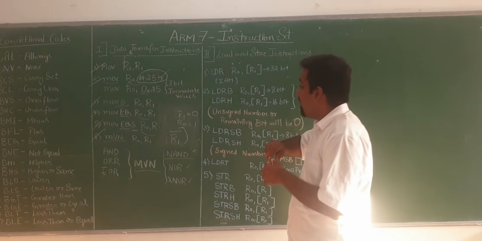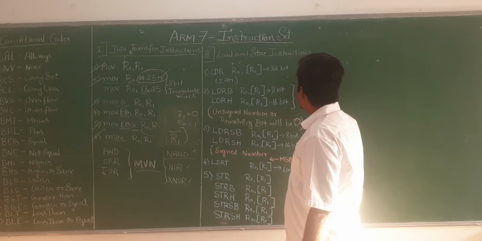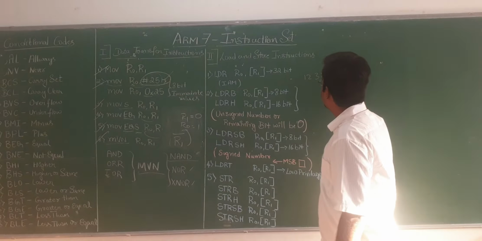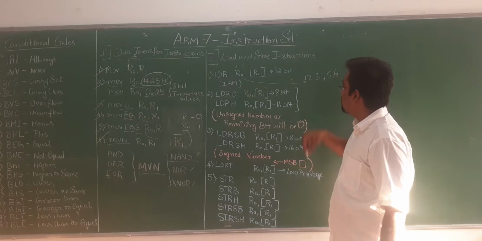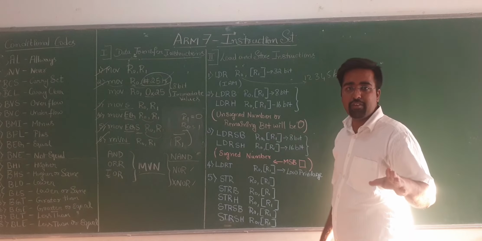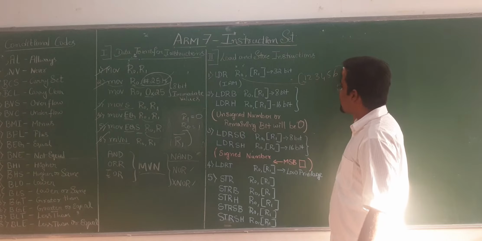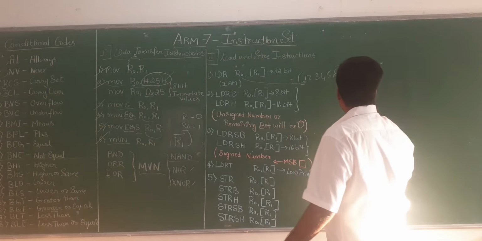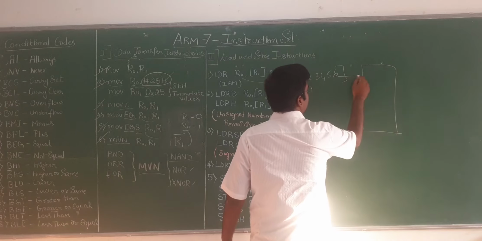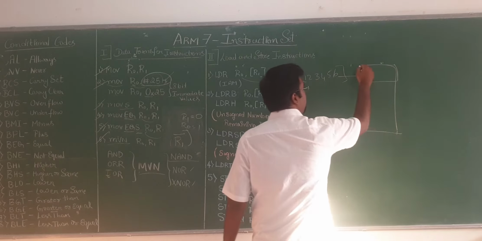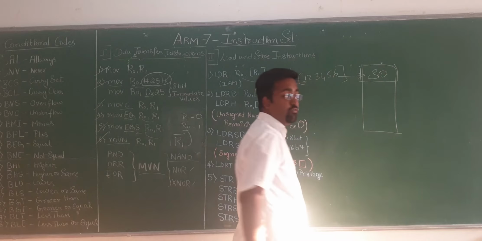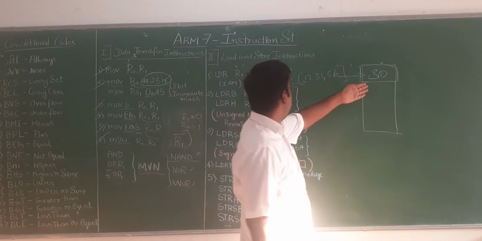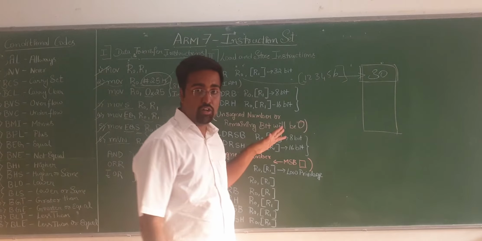Let us say R1 contains 123456. Does R0 get the value 123456? No, my dear friends. 123456 is an address of some memory location. If the memory contains the value 30 at this particular address, then 30 will be copied to R0.